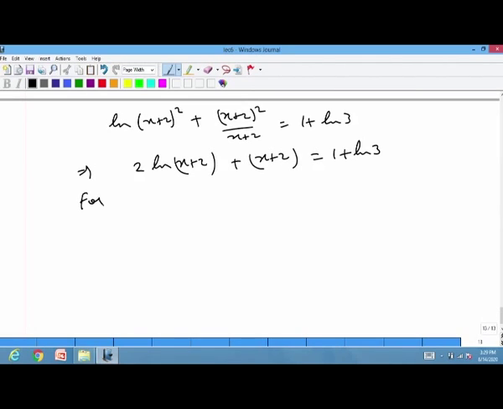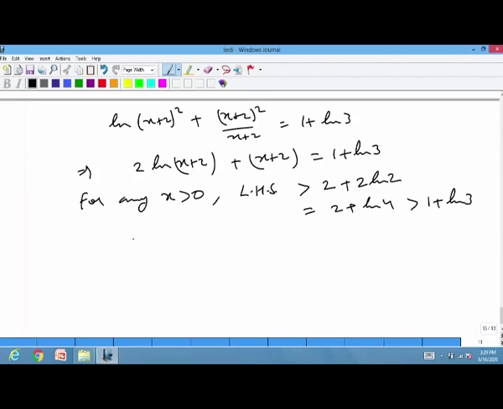So, for any x greater than 0, this left hand side: x+2 will be bigger than 2, and 2 log(x+2) will be bigger than 2 log 2, so the sum is bigger than 2 + 2 log 2, which is the same as 2 + log 4, which clearly is bigger than 1 + log 3.